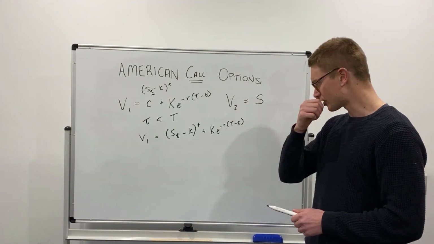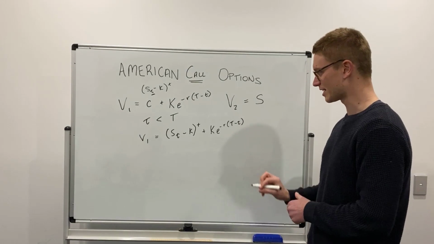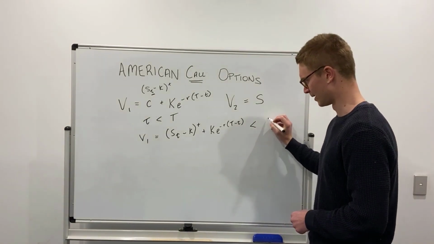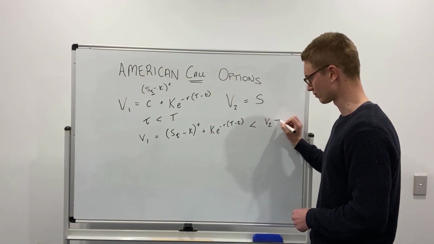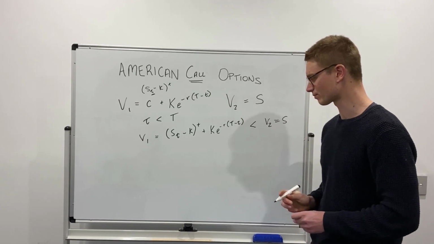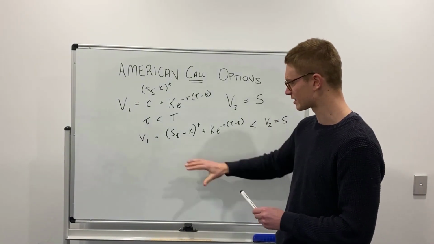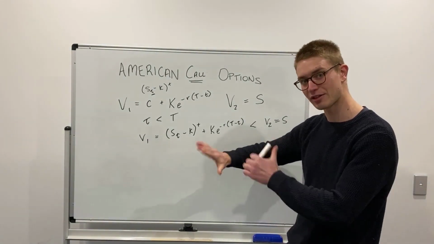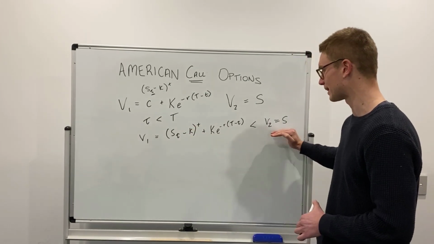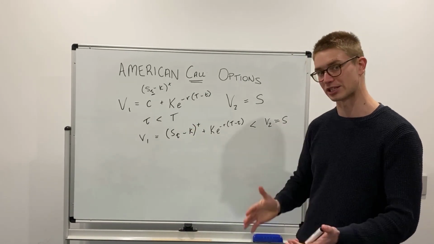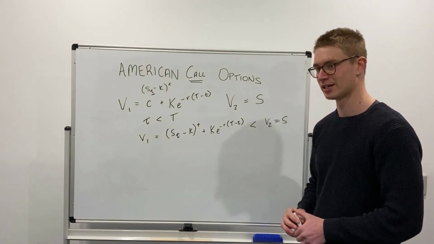As you can probably already see, this is always going to be less than V2, which is equal to S. No matter the circumstance, this value is always going to be less than portfolio 2, where we just have the share price.